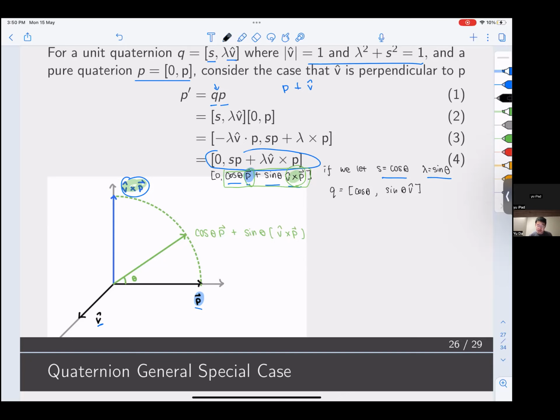So we observe that if V and P are perpendicular, then applying Q to P is just rotating P around V by angle theta.